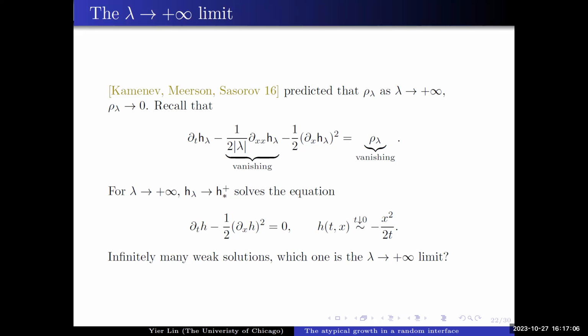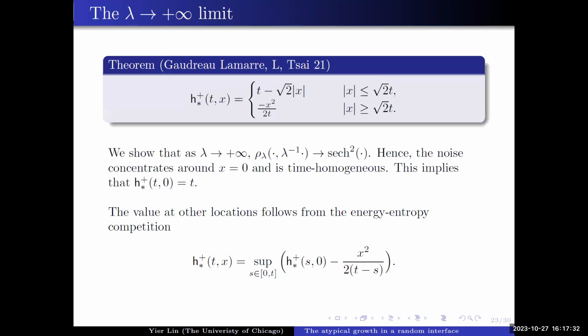Should we look at the entropy solution, which is the physical solution, or should we look at the weak solution? If we look at the weak solution, there are infinitely many of them. So the result is, because we are conditioning on some rare event, the limiting behavior should not be this entropy solution. It will instead be a non-entropic solution that is given by this explicit form.